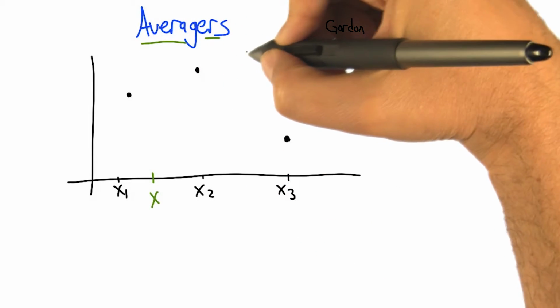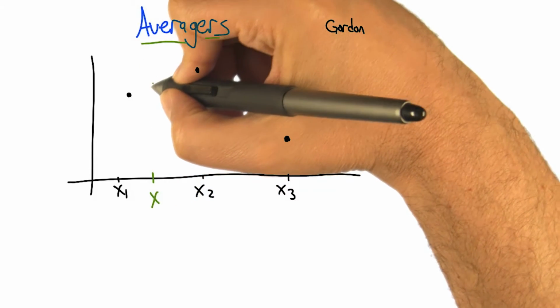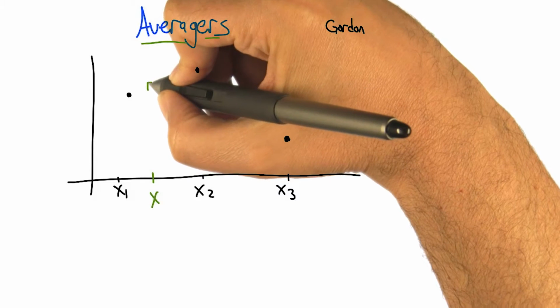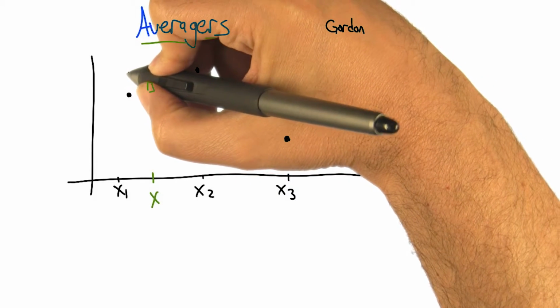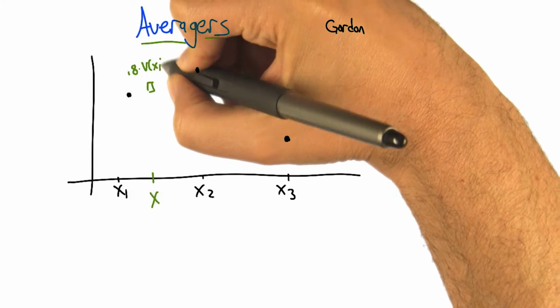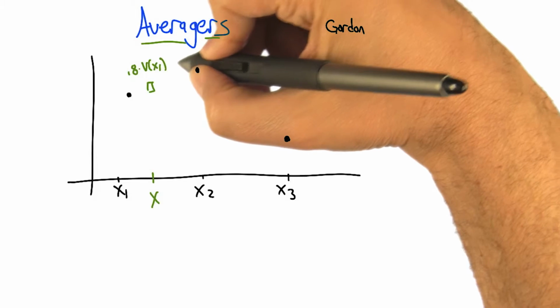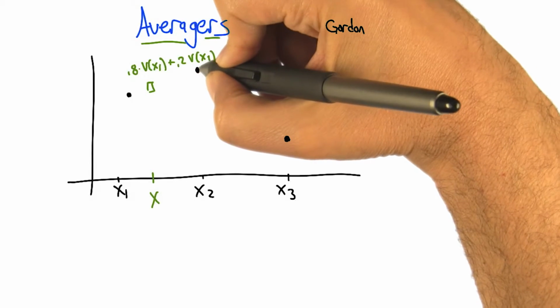Yes, which is why these things are called averagers. So we're going to say the value of x is always going to be, say, 0.8 times the value of x1, which is a parameter, plus 0.2 times the value at x2, which is another one of our parameters.